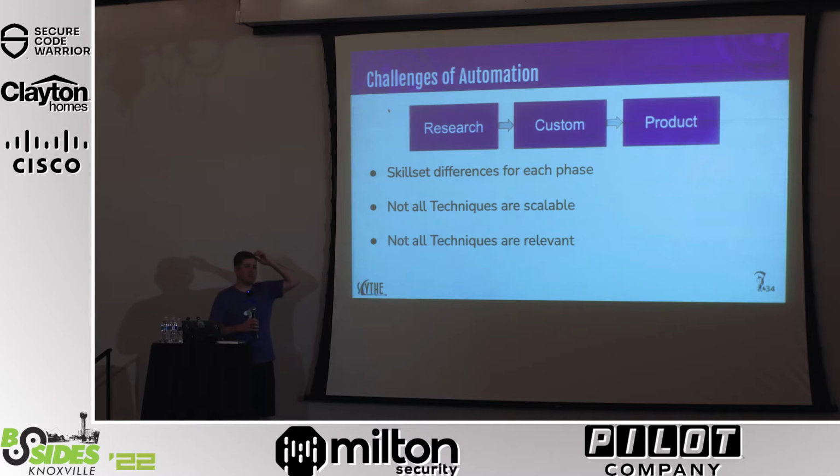And then this last one is something that a lot of businesses struggle with: not all techniques are relevant. Especially when it comes to MITRE ATT&CK and people are hearing about it more and more, they think we need to check every box. We need to make sure that we have 100% MITRE ATT&CK coverage. That is not how MITRE ATT&CK is supposed to be used. The ATT&CK team themselves will tell you that.